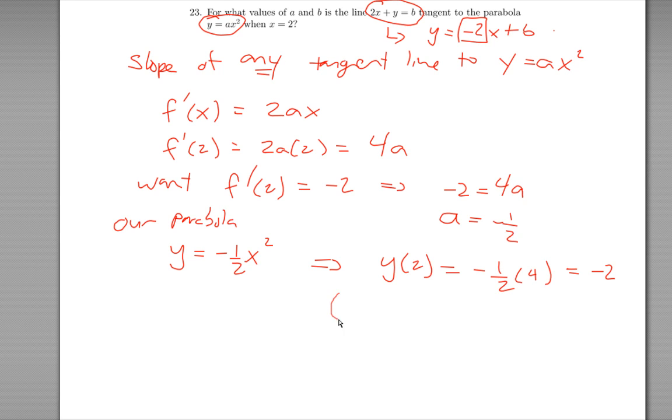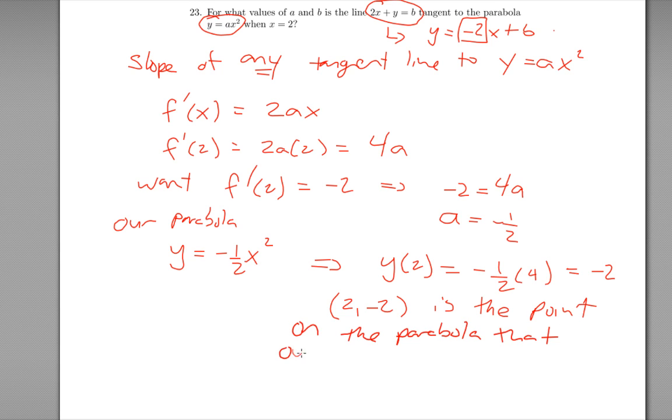So the point (2, negative 2) is the point on the parabola that our tangent line goes through.